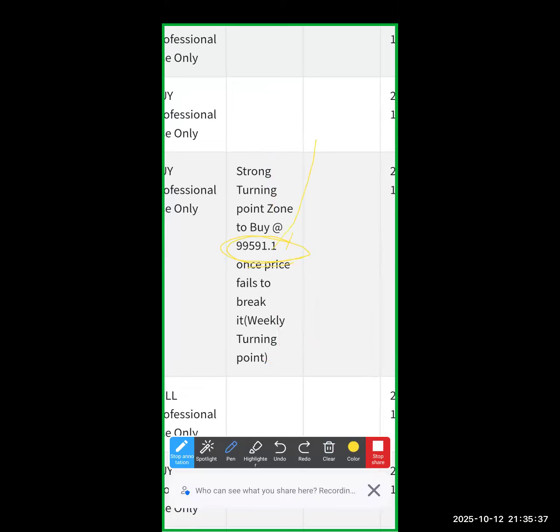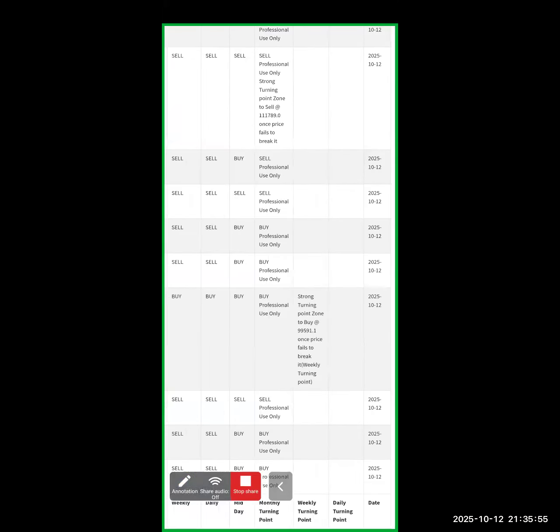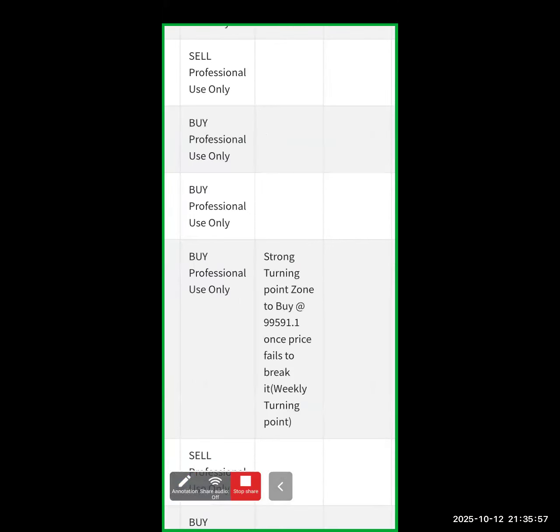Do you understand? So if you are a pro trader, all you need to do is plot these key levels. Once you plot these key levels on your chart, go to a lower time frame and look for a weak rejection. Look for an entry to take this trade. But if you don't know how to do that, just relax. The AI will definitely give you a signal based on this direction for the week.